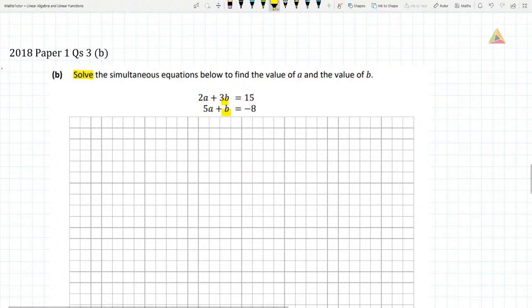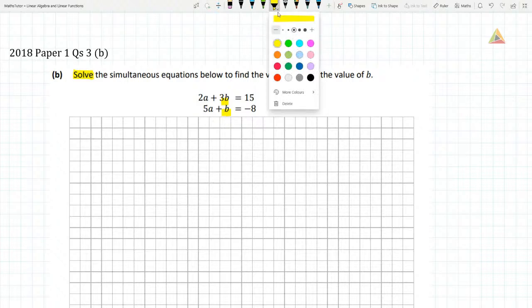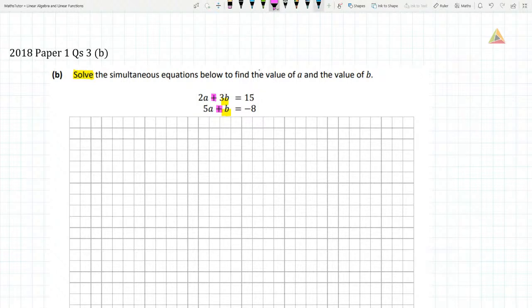And the second thing that I look at is the sign that's in front of those letters. I want one of them to be a plus and one of them to be a minus. So at the moment, they're both pluses. That means that I'm going to have to multiply one of my equations, or maybe both of my equations, to get the same thing in front of the b's, but with different signs.